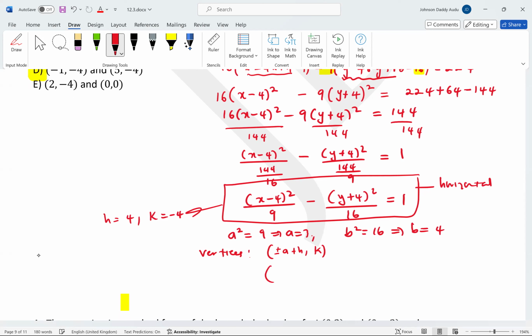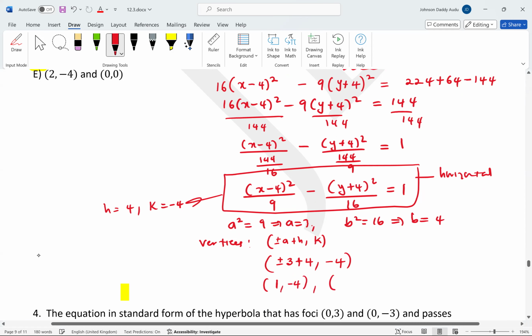So our vertices now will be plus minus 3 plus 4, comma, k is fixed, so it is minus 4. So this will give you minus 3 plus 4, which is just going to be 1, and minus 4.